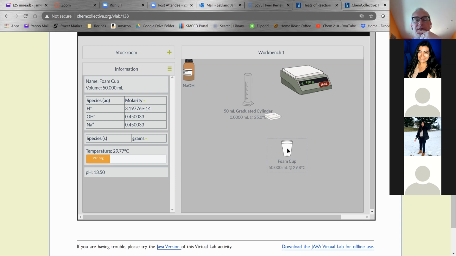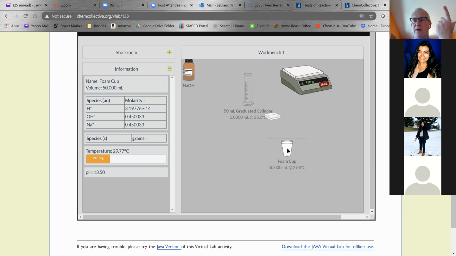Sorry. Yeah, you can see that if you take the concentration 3 times 10 to the minus 14, that's around 10 to the minus 13 and a half. And so the pH is 13 and a half. So that's our first reaction.